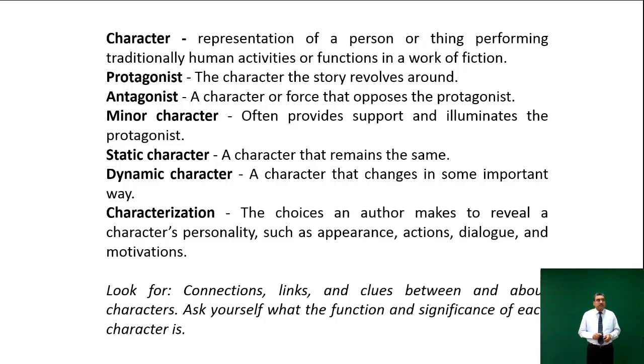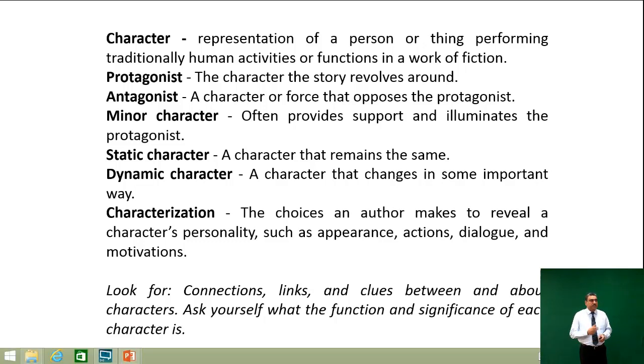Minor character often provides support and illuminates the protagonist. And for static character, it's a character that remains the same right from the beginning of the story up to the end. We call it static character. For dynamic character, it's a character that changes in some important way according to the way the novelist or the story writer wants.